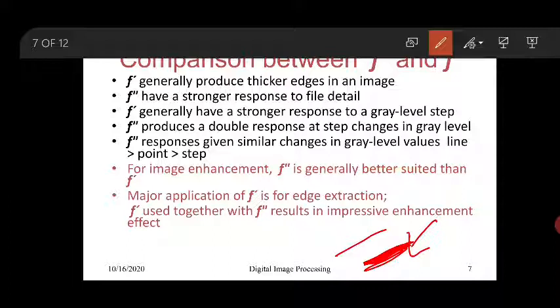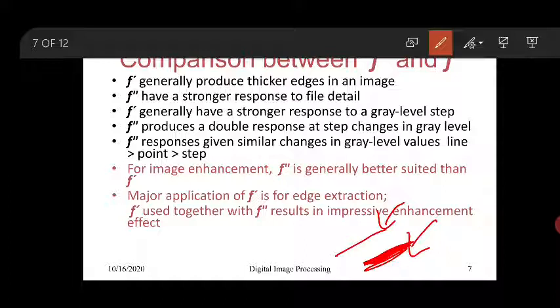F double dash has a stronger response to fine detail. If you want to obtain the fine details of an image, let us take that you are interested in the features of an eye from the person you have captured, the fine details need to be extracted very clearly, and you can operate with most of the applications.